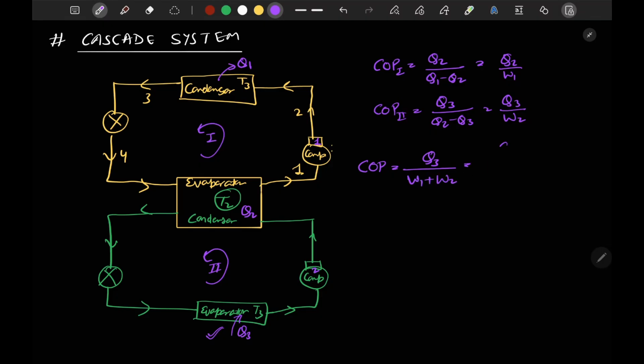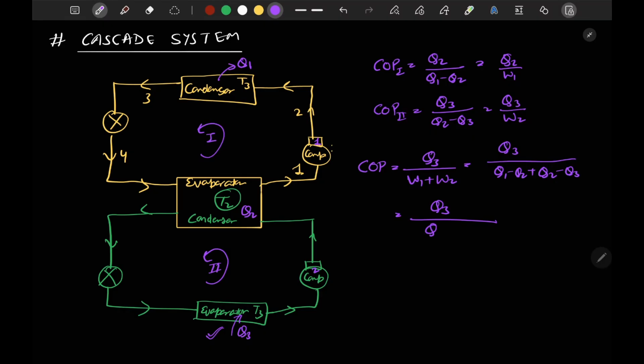and this can be further written as Q3 upon, and this work done 1 can be written as Q1 minus Q2, plus work done 2 can be written as Q2 minus Q3. So this is our expression for overall COP, and if we simplify this, it can be written as Q3 upon Q1 minus Q3, as Q2 will cancel out.